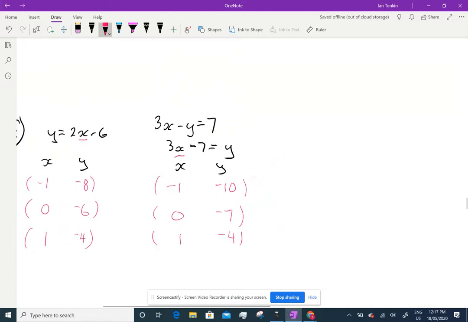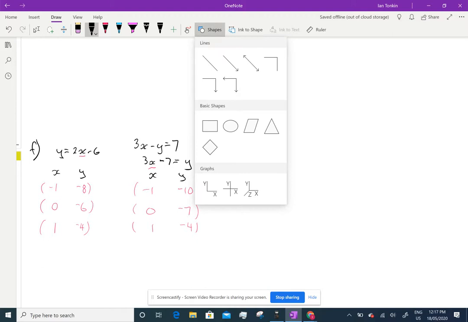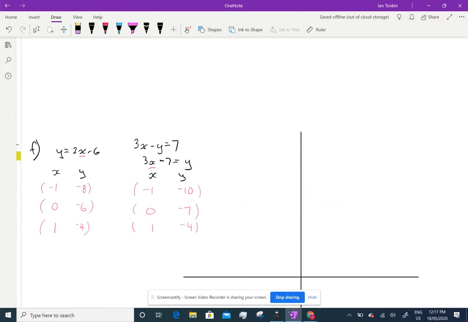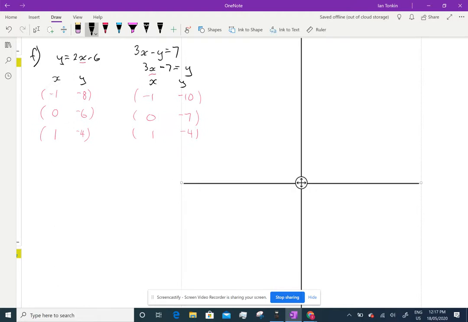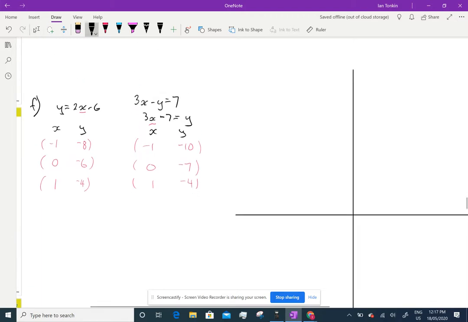Now if I just did a rough graph over here, so I got myself a number plane, and I plotted these points. It's just going to be rough because I don't have a ruler.